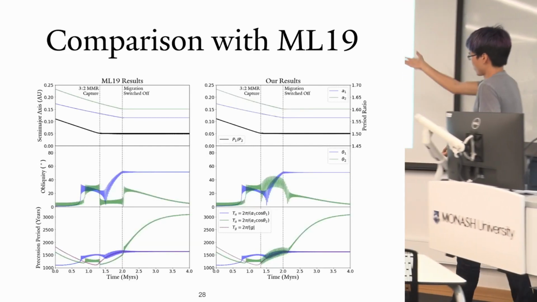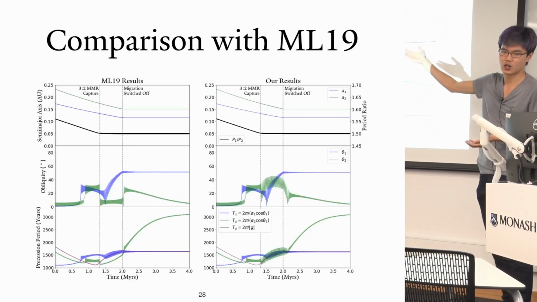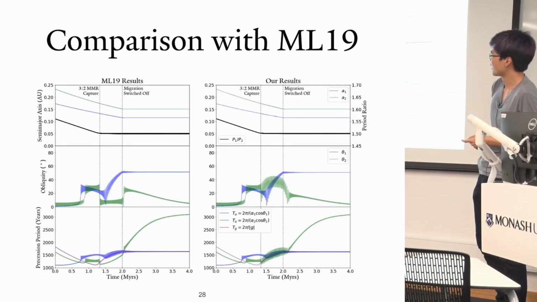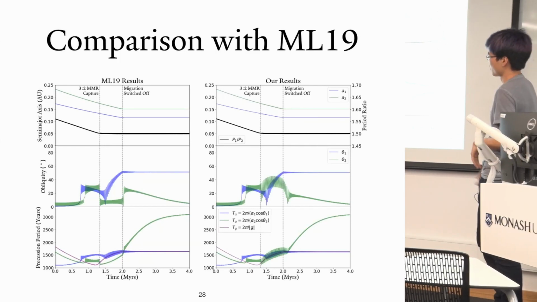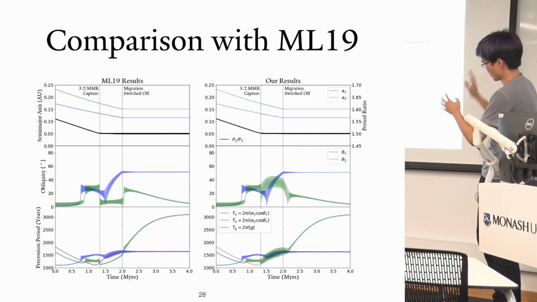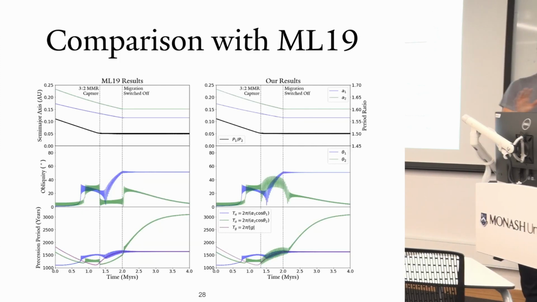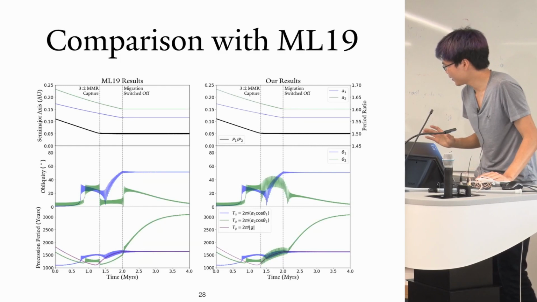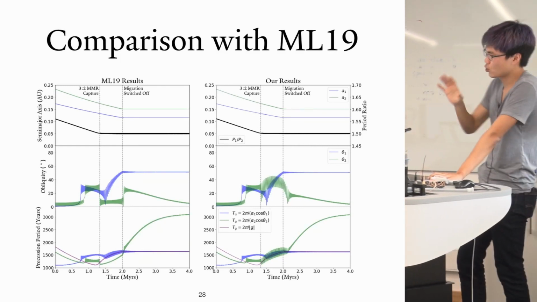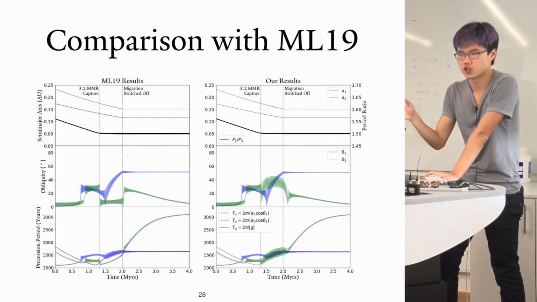So again, I'm going to throw up the results from Millholland and Laughlin 2019 on the left-hand side for you, and our results of the simulation with the same initial conditions on the right side. Now there's a bit to take in here, but first of all, notice that the qualitative end state of the simulation is the same.